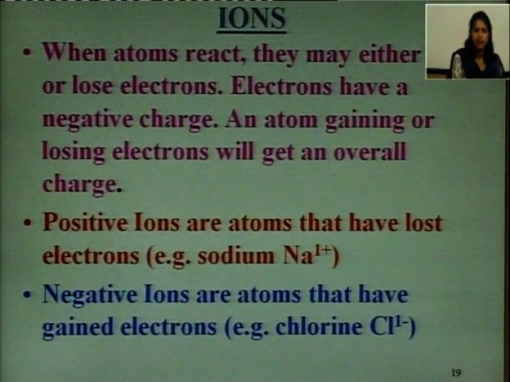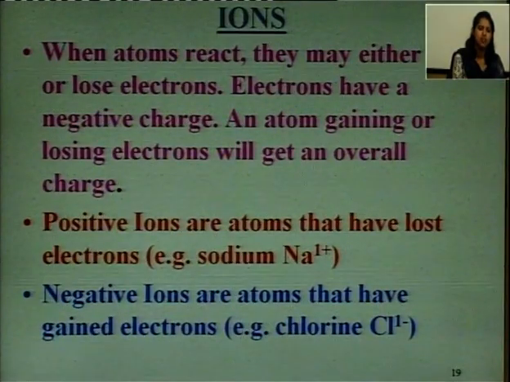When the atoms react, they may either gain or lose electrons. So, whenever the atoms are reacting, they are going to lose or gain electrons. The electrons have negative charge. An atom gaining or losing electrons will get an overall charge.